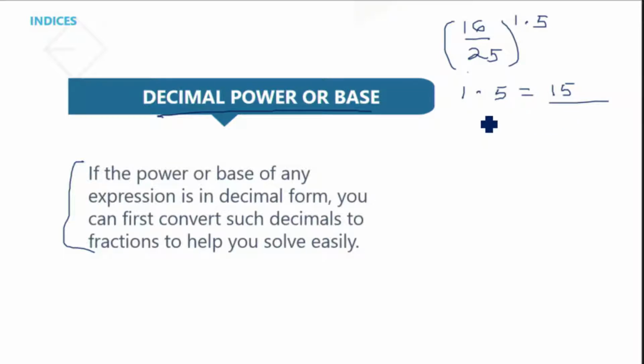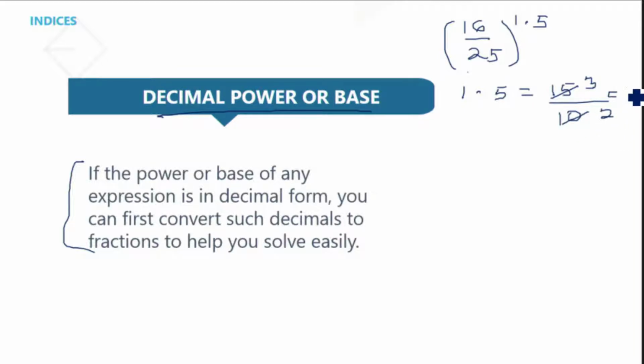15 over, now we check the place value of the last digit, the place value of the last number after the decimal point. It's 5, and the place value is what? 10. So this is 15 over 10. Okay, and we can reduce this further: 5 can go into 15 to give us 3, and 5 can go into 10 to give us 2.